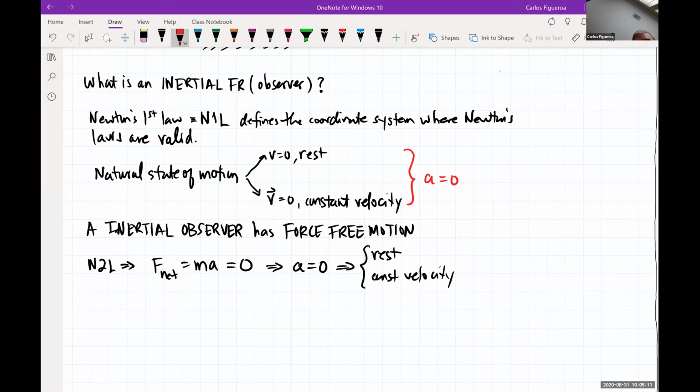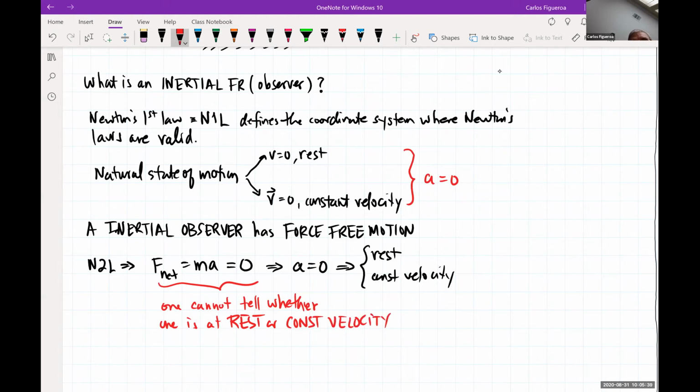And what this is really telling us is that if this is true here, that means that one cannot tell whether one is at rest or at constant velocity.